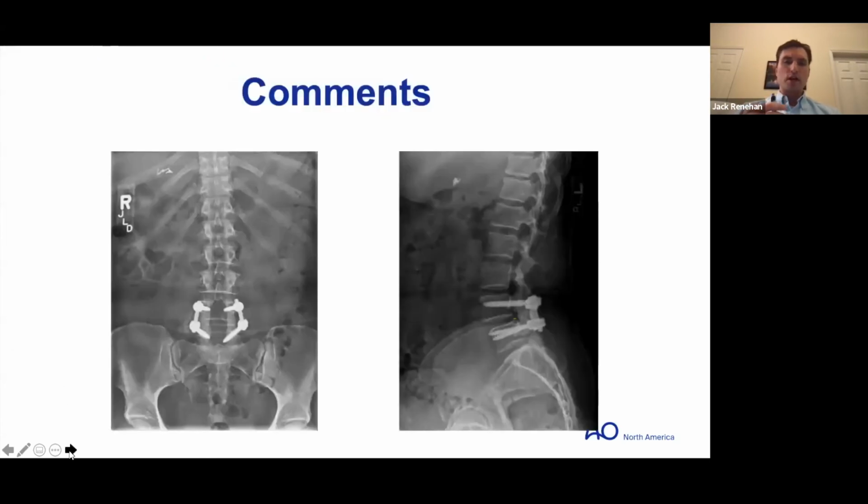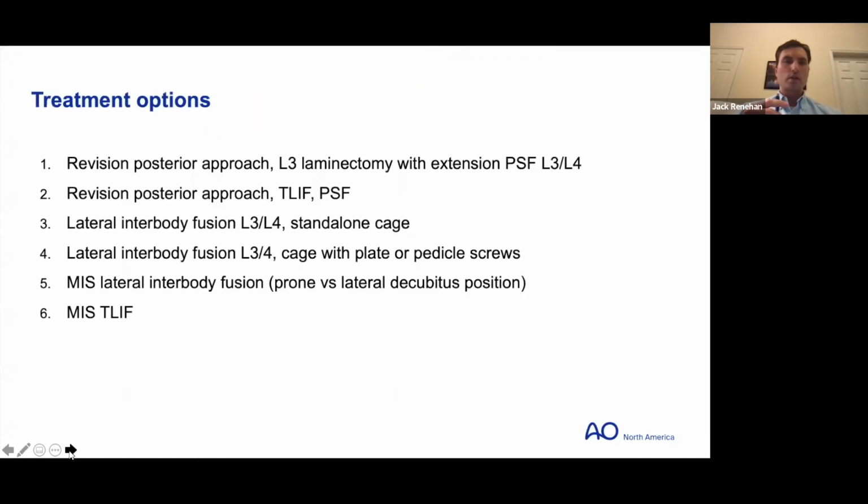And so this is again, the index radiographs. You can go to the next. And I put a number of different options, as Dr. Ludwig had alluded to at the beginning of our talk today. There are so many different ways that you can treat this, whether you're doing open, whether you're doing MIS, whether you're doing posterior fixation, whether you're doing lateral, posterior cages.